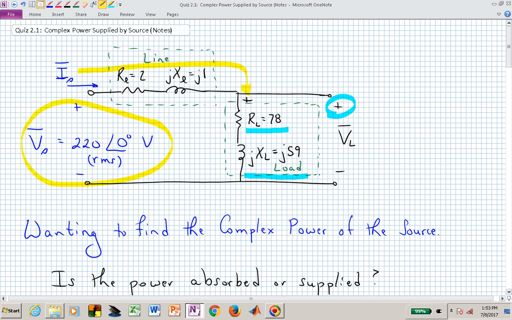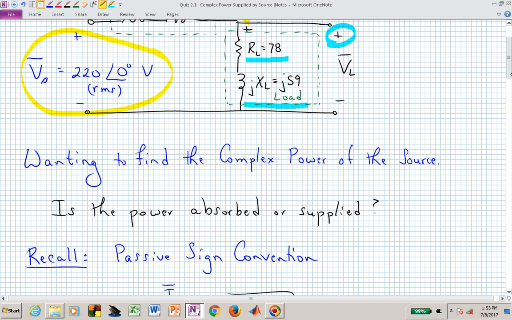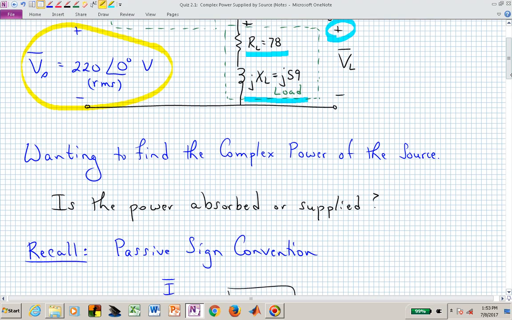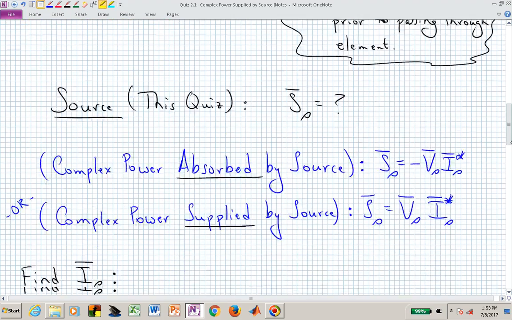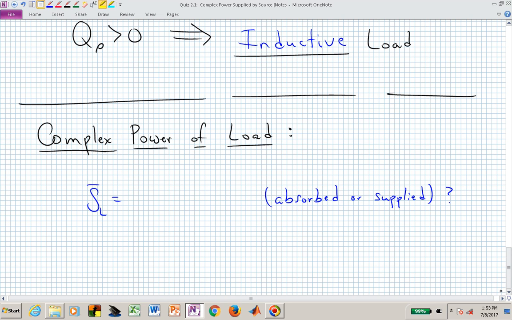So the complex power absorbed by that load is going to be the positive quantity of V sub load times I sub load conjugate. Or we can now say that the complex power of the load is the voltage phasor of the load, with a positive sign because of the relationship of our current with the impedance, times the complex conjugate of our current going through that load.